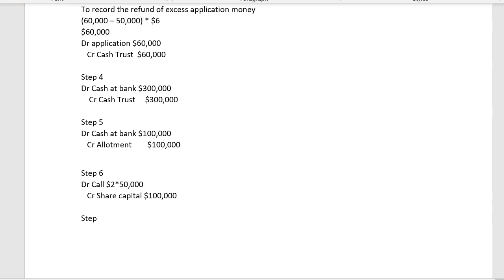Step number 7 is to record receipt of call money.